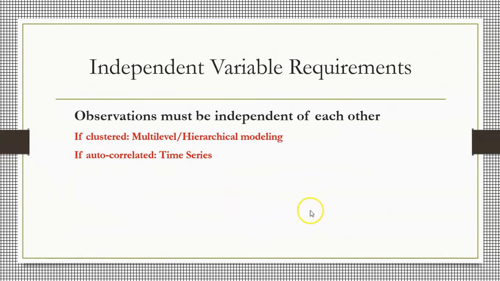The next thing to be aware of is with your independent variables, the observations must be independent of each other. Ideally, a random sample. Very often that doesn't happen. But what you want is you don't want some of the individuals within your sample to be more related to each other than others. For example, if we're dealing with data I've collected from a school, if I have students come from several classrooms, and so they're grouped.